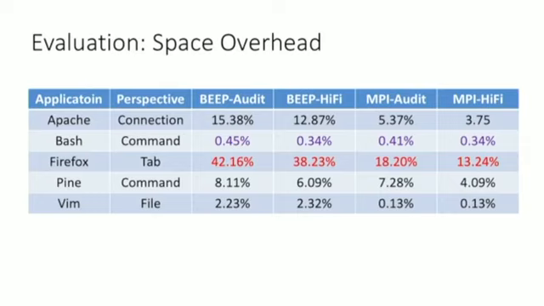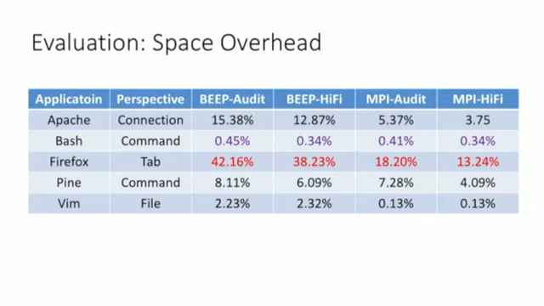As you can see, for Firefox, the space overhead caused by BEEP is very high, and compared with BEEP, MPI performs better. This is because many of the low-level events in Firefox can actually be removed. So we can remove those unnecessary instrumentations and make the instrumentation lightweight.